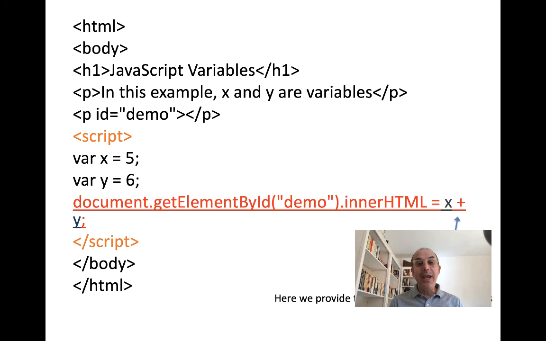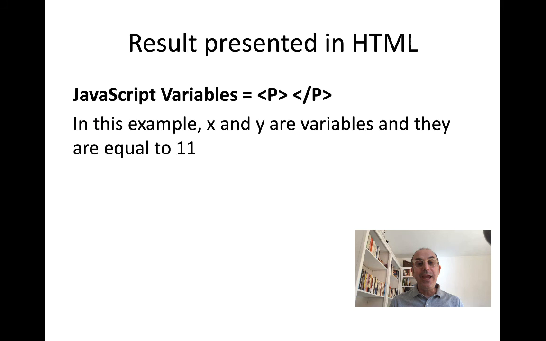So here we provide the plus as a sign to the two variables x and y, but we need to declare them in order for us to operate, and this is the end result.